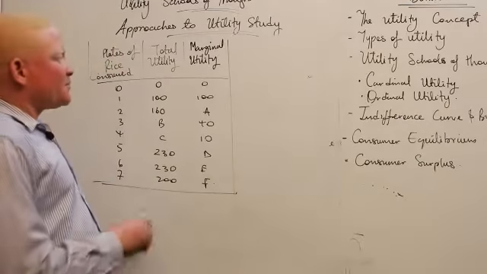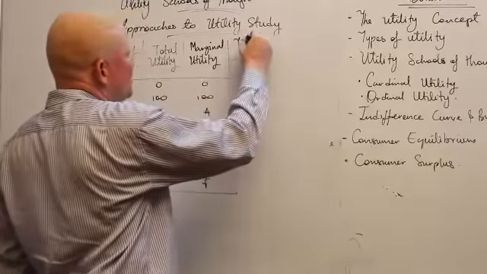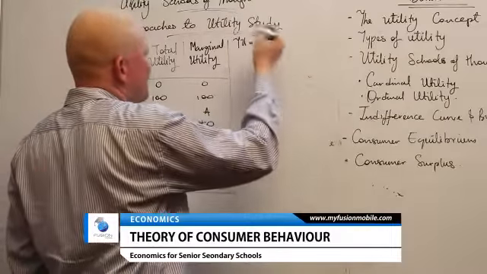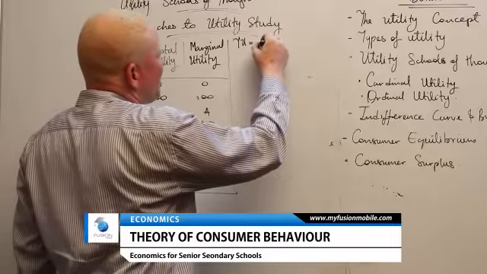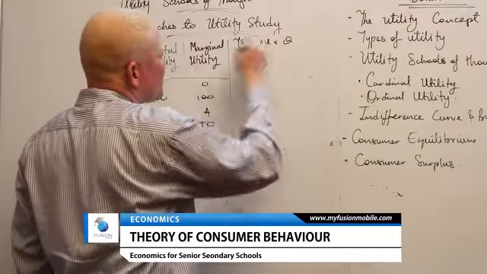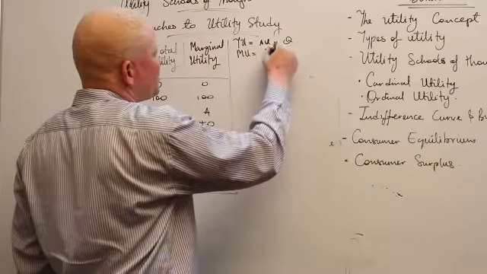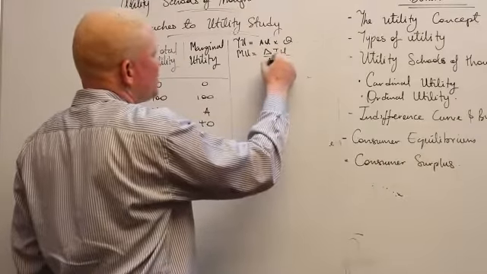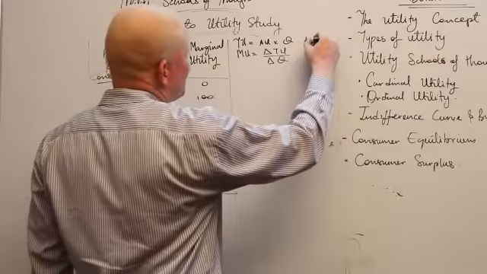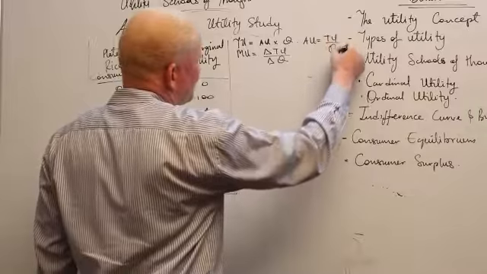To recall, total utility is the average utility times the quantity consumed. The marginal utility is equal to the change in total utility over the change in units consumed. And the average utility is the total utility divided by the quantity consumed.